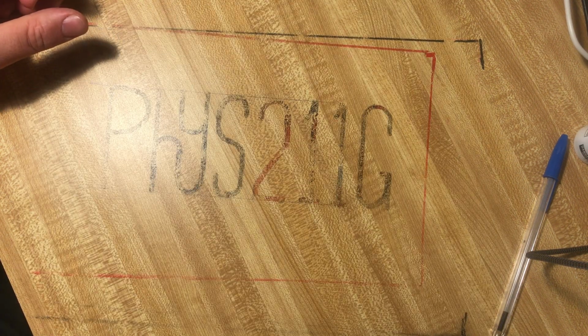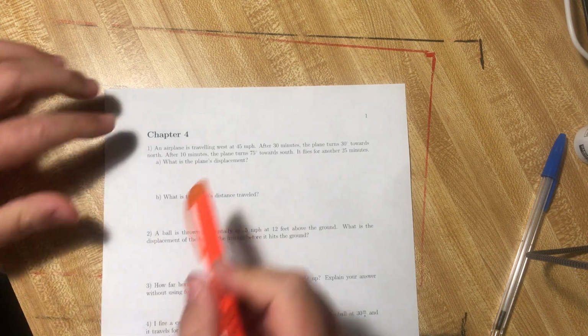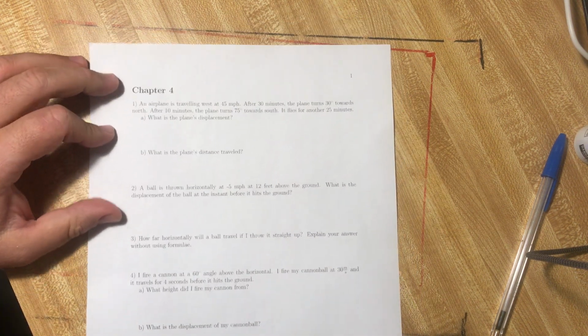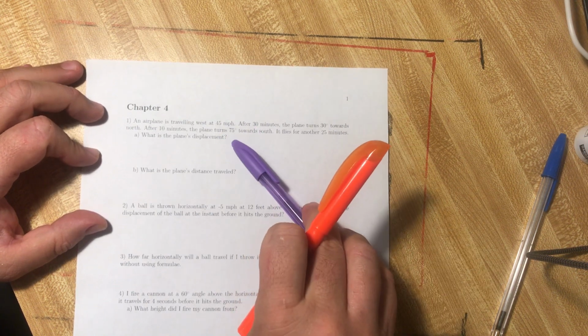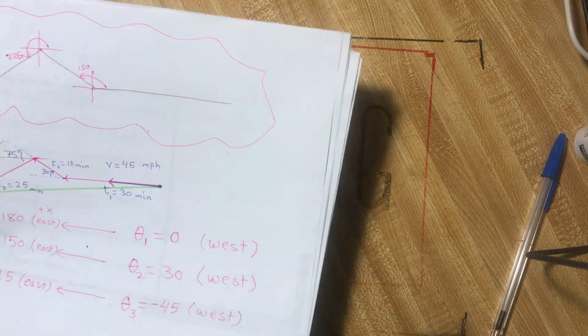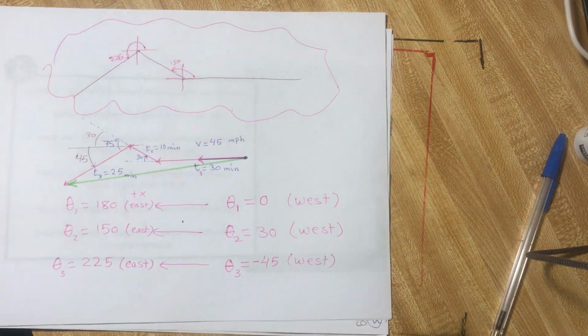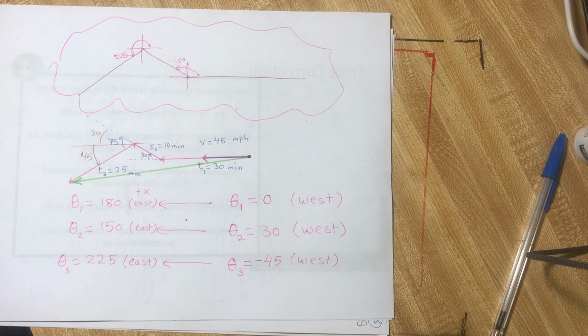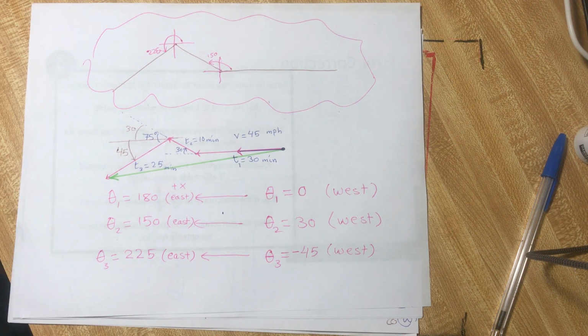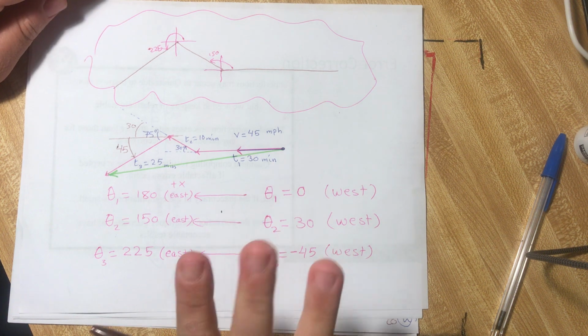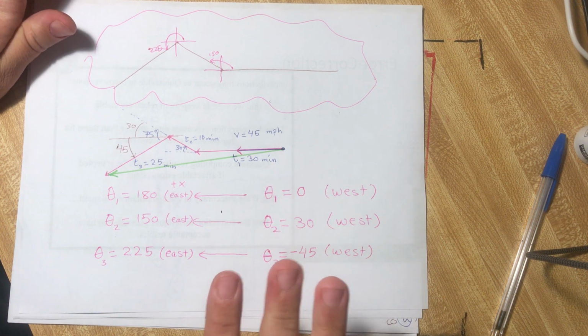Now I will move to a question in the worksheet. Question number 1A. I'll solve the first part. The second part you can do also. Now we have an airplane moving to the west. It has 3 periods of movement.